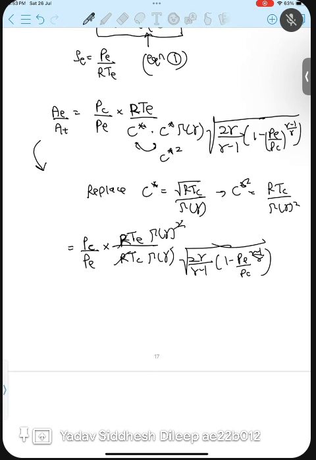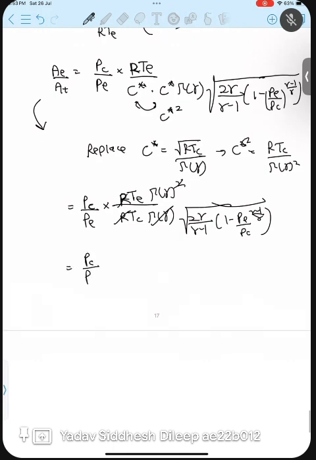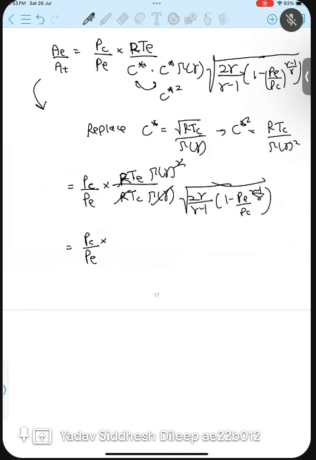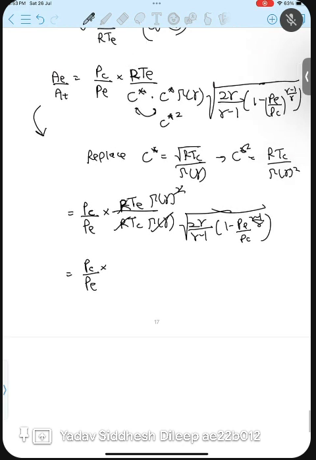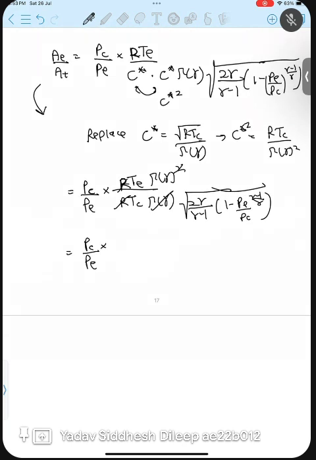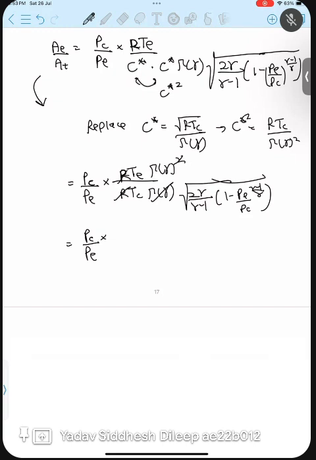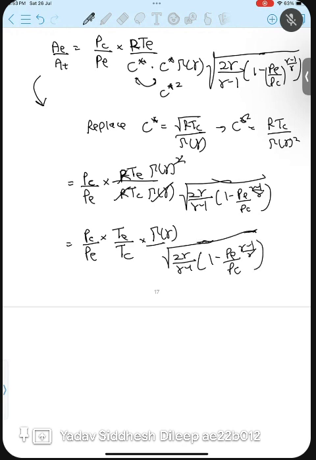R cancels, gamma cancels, equals PC by PE into Te by Tc into 1 by gamma of gamma upon this big term, 2 gamma upon gamma minus 1 into 1 minus P by PC raised to gamma minus 1 by gamma. Okay, this derivation is quite complicated, but yeah.